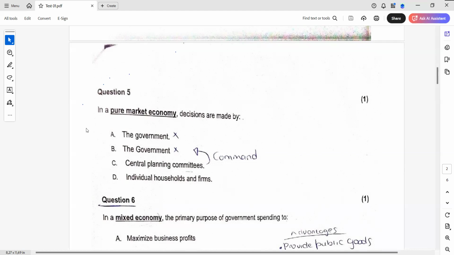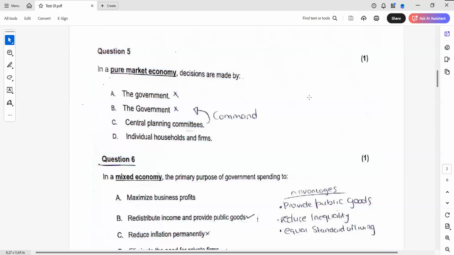So now the question is saying here, in a pure market economy, decisions are made by.